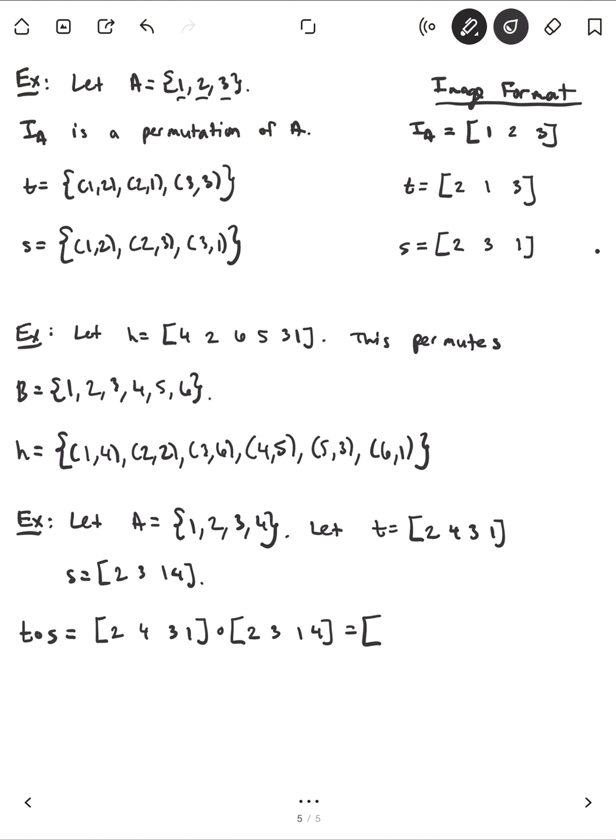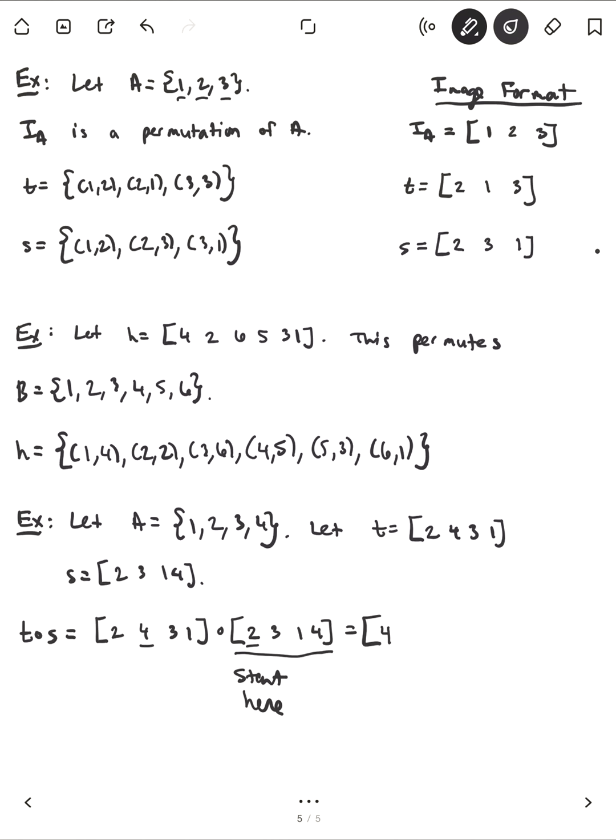So we want to ask, under this composition, what is 1 mapped to? Well, first you start with the one on the right. Under S, what is 1 mapped to? 1 is mapped to 2. That's what this little information here says. And then under T, what is 2 mapped to? 2 is mapped to 4.